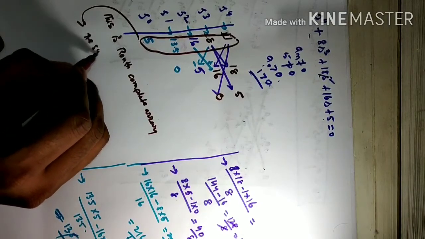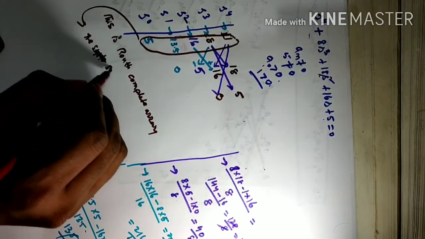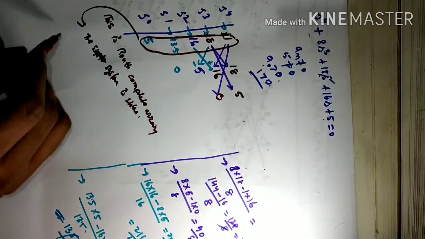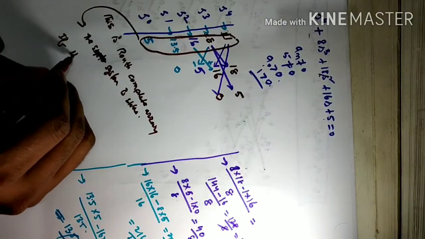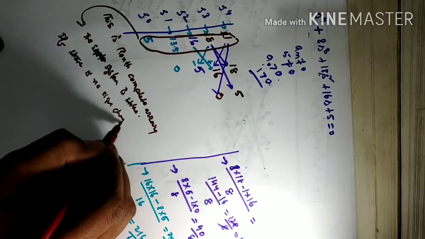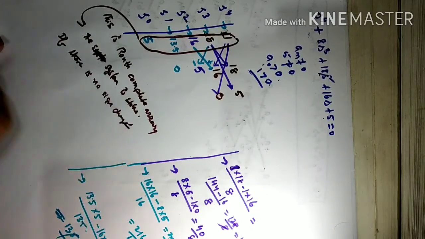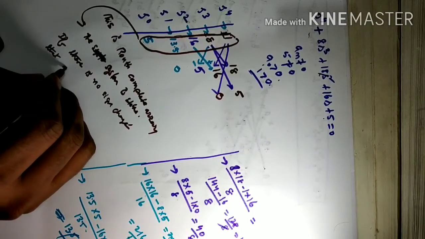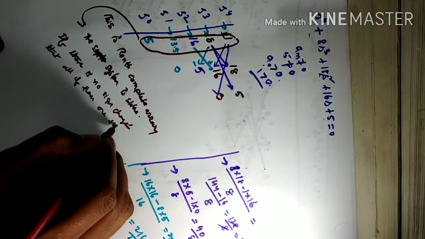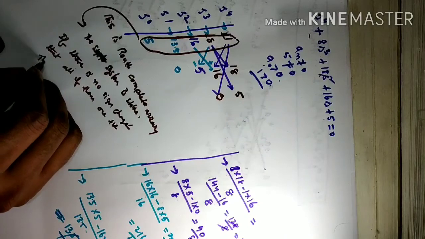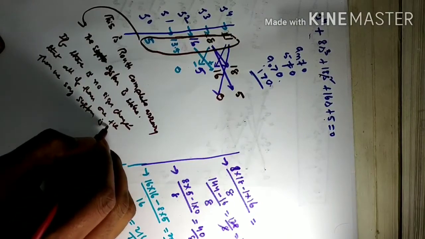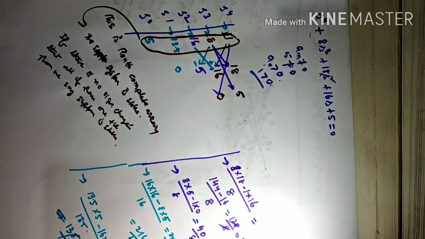What the criterion says is that if there is no sign change, that all of them are positive, then we say the system is stable.